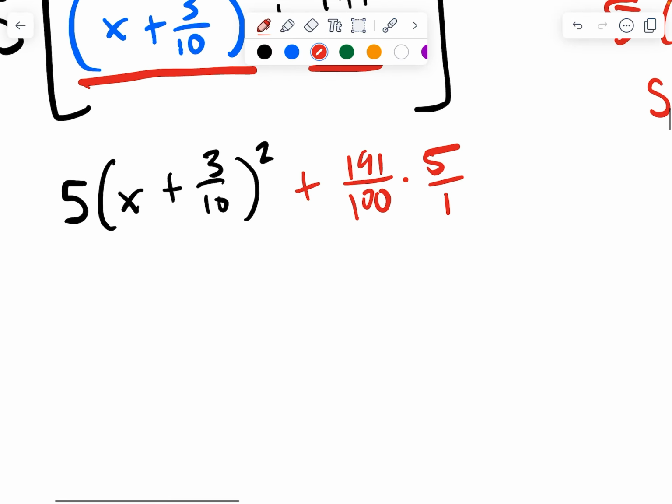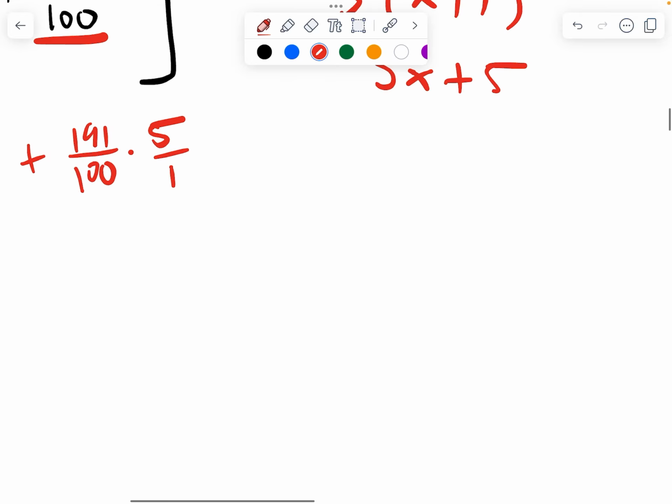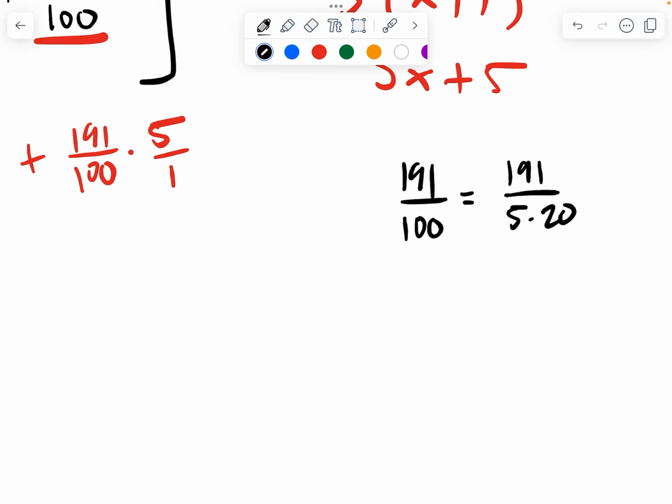Okay, and then we just need to simplify this. So I'm going to write this off to the side, 191 over 100. This is the same thing as 191 over 5 times 20. 5 times 20 is 100. I just rewrote that.